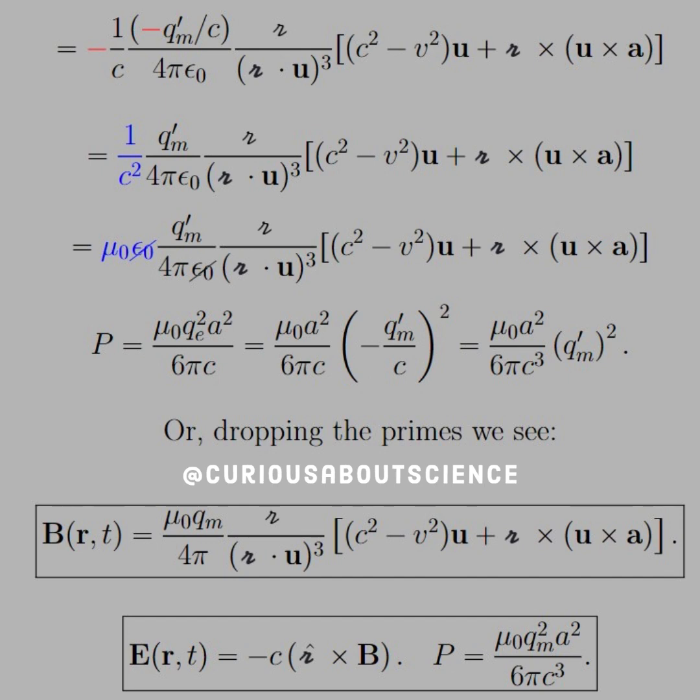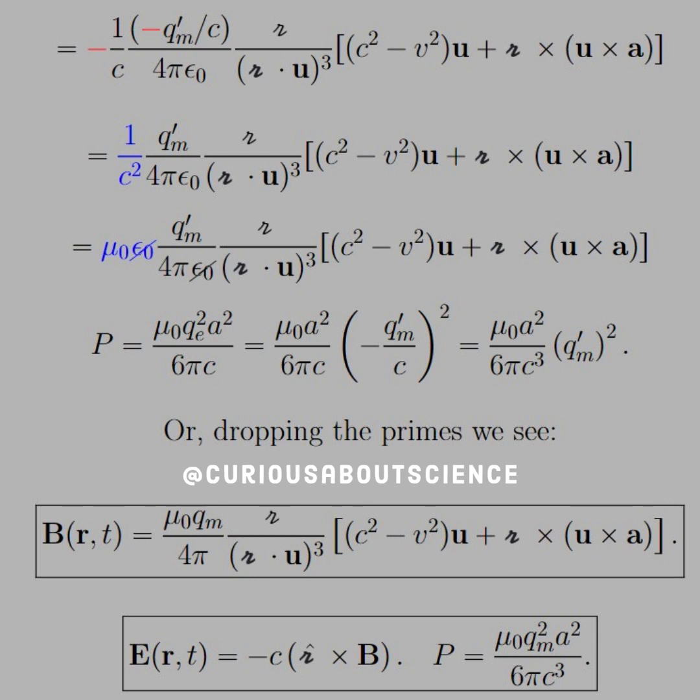And then that QM prime comes with a 1 over C factor. So we get a 1 over C squared in blue in the next line. And we use that to put in terms of mu naught and epsilon naught. Again, typical habit. And we get rid of those epsilon naughts. And so now we have everything that we want in terms of how we find the electric field from the magnetic field in this transition, and we had the B field in terms of the point charge.